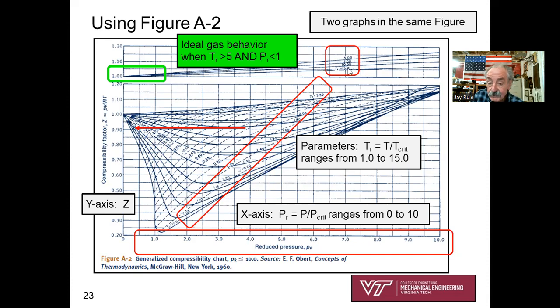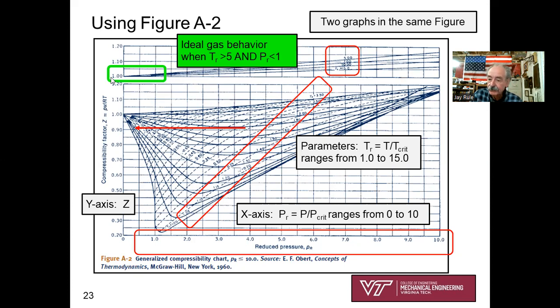Also, if your T sub r is big, let's say 10, you see that certainly you're going to be down near 1.0. So ideal gas, when TR is greater than 5 and PR is less than 1, it's a no-brainer. You are entitled to model your substance as an ideal gas because you're seeing that Z is 1. That's the big practical conclusion for all of this.